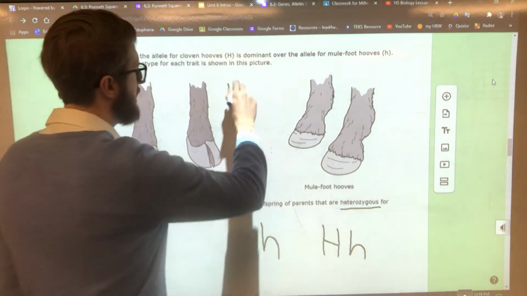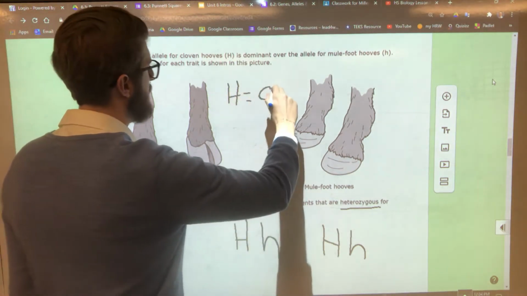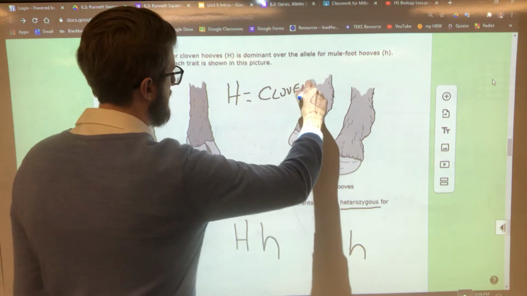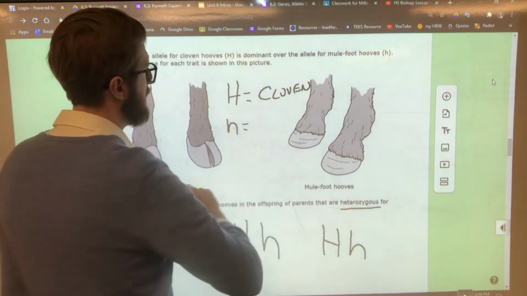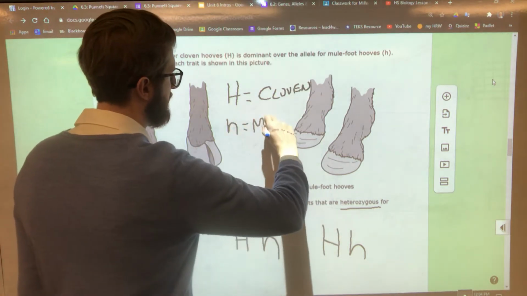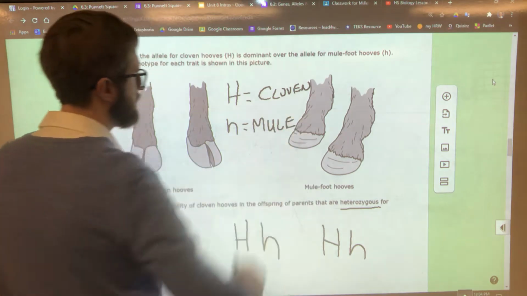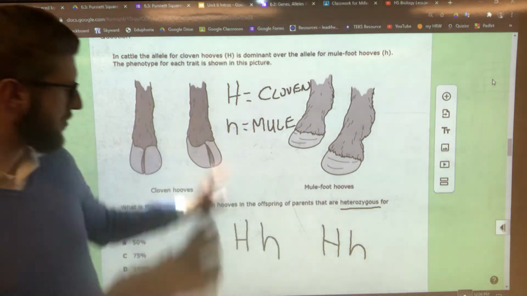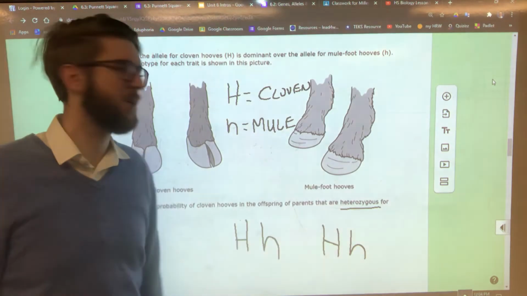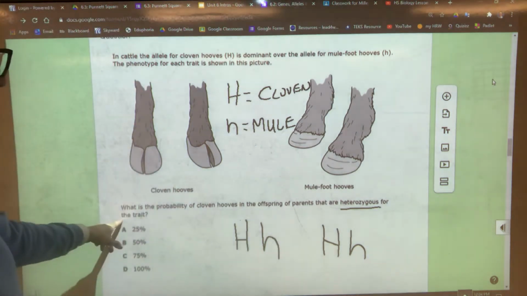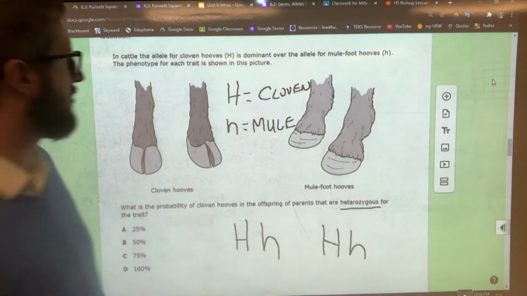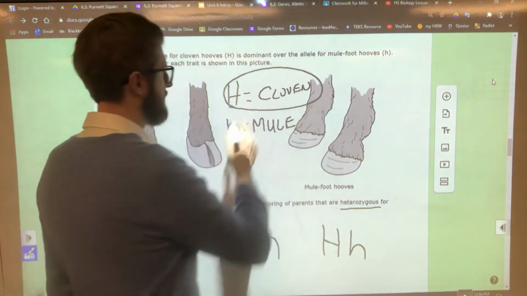So big H is cloven, little h is mule. Okay, both parents are big H, little h. What's the percent chance that their kids will have cloven hooves?